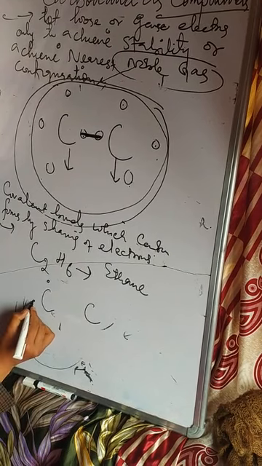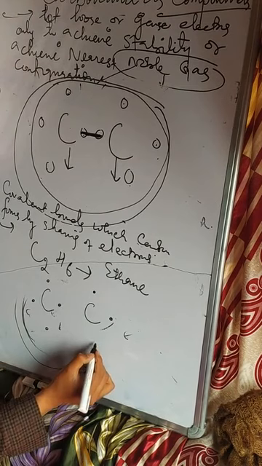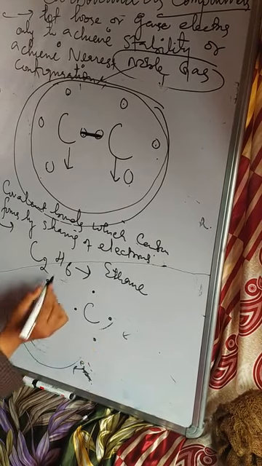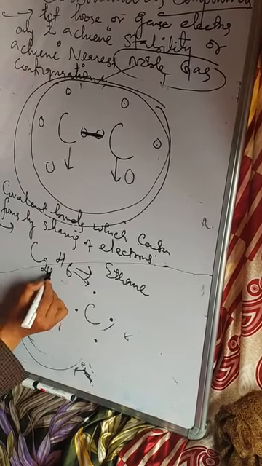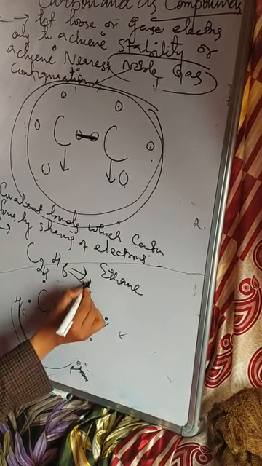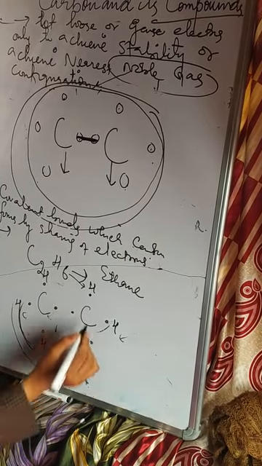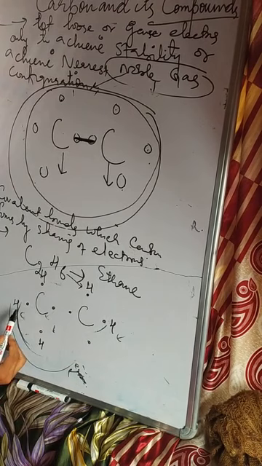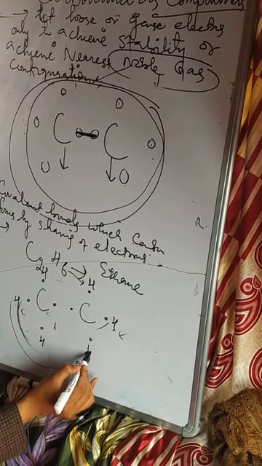We have 6 hydrogens: 1st hydrogen, 2nd, 3rd, 4th, 5th and 6th hydrogen, just like this.